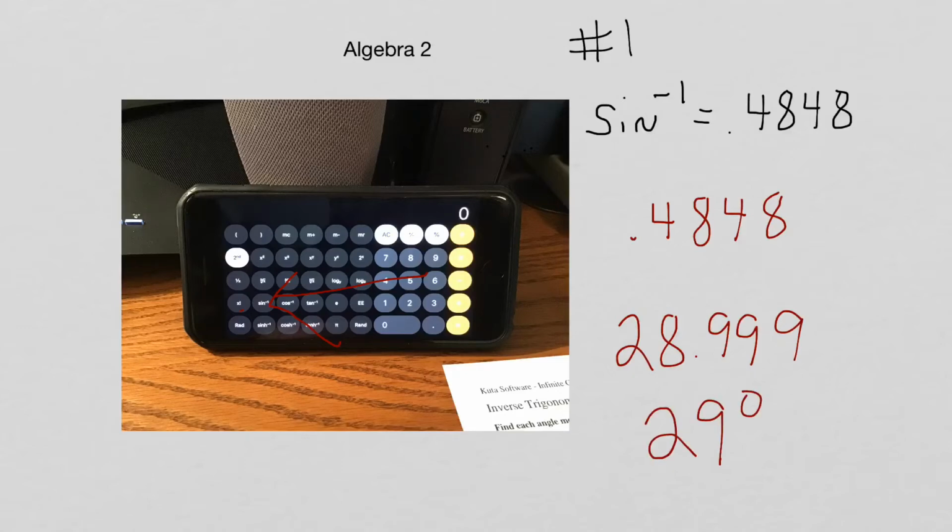So that's number 1. And just to say it again, all you do is turn your calculator on its side, hit the second button. That'll bring up the arc sine that we worked with last class period. Then you type in 0.4848, then hit enter, and you'll come up with 29 degrees.